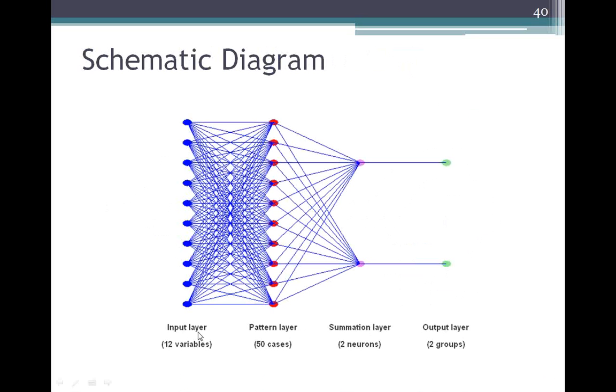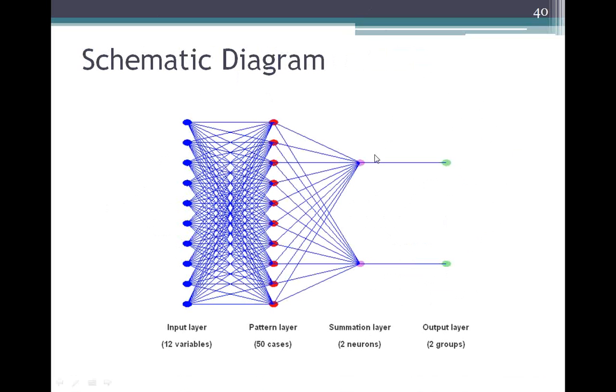The 12 demographic variables that I'm going to use as input are the information I need to process in order to classify states as being Romney states or Obama states. The pattern layer is the 50 cases that I have to tune my algorithm.